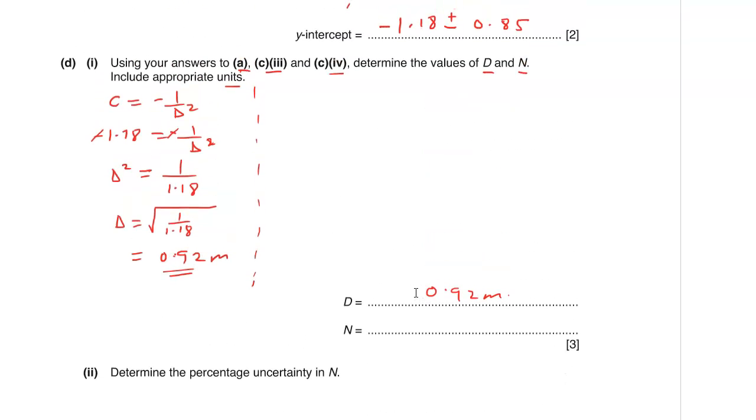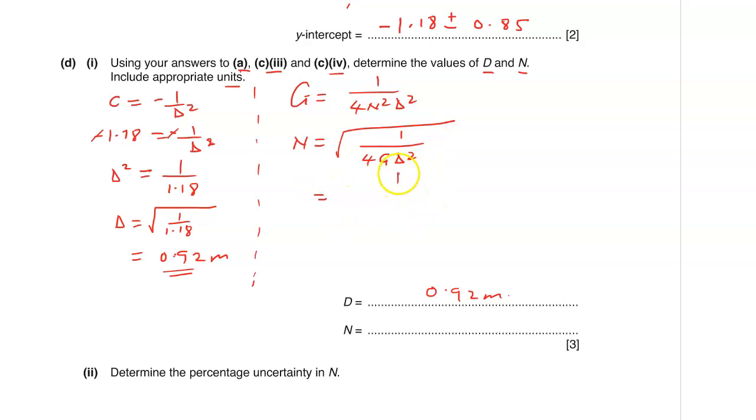So you know that gradient G is equal to 1 upon 4 N squared D squared. Therefore we want N. So N is equal to the square root: you take N there, you bring G here, then you find the square root of 1 over 4G D squared. So we substitute the values here.